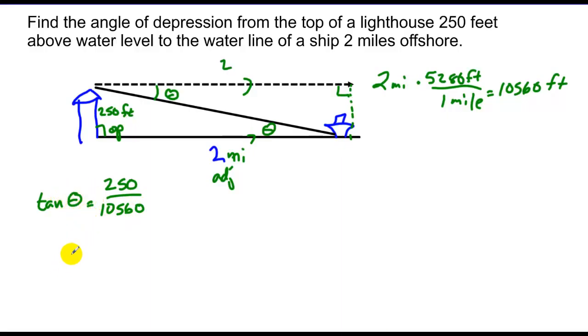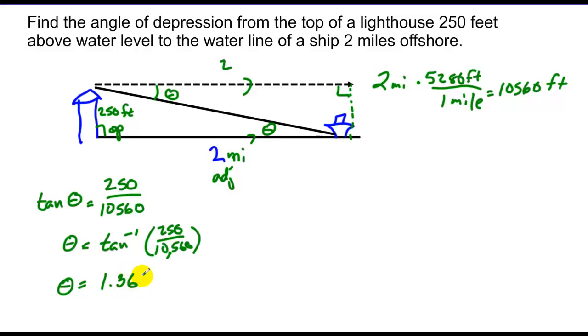And again, we're looking for theta, so we're going to use our inverse of 250 over 10,560, and plug that into our calculator. And that's going to get us an angle of roughly 1.36 degrees.